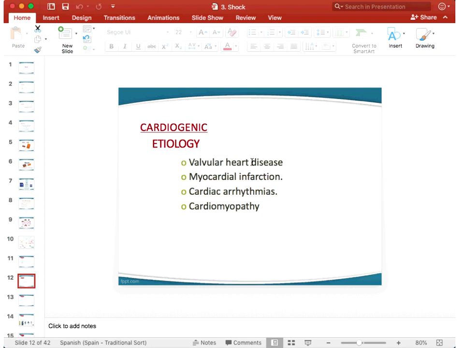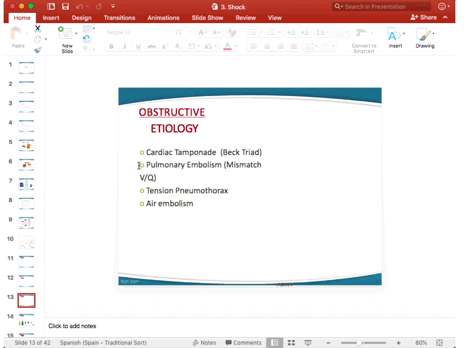And as I said before, all of these conditions have a chronic history, so you can make a conclusion and say, okay, this patient had a valvular problem or hypertension problem and developed a cardiomyopathy or hypertrophic cardiomyopathy, and eventually will develop a cardiac insufficiency. Then in turn, if not treated, it will develop a cardiogenic shock. So this condition is a bit more chronic.